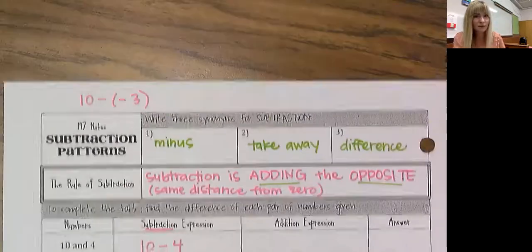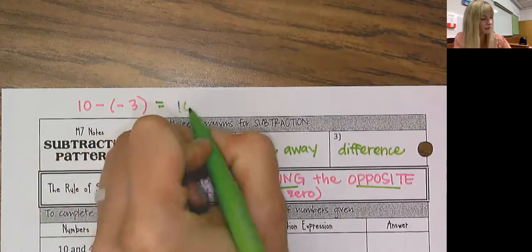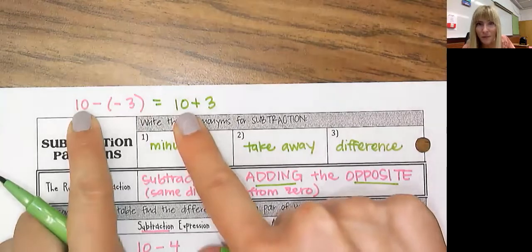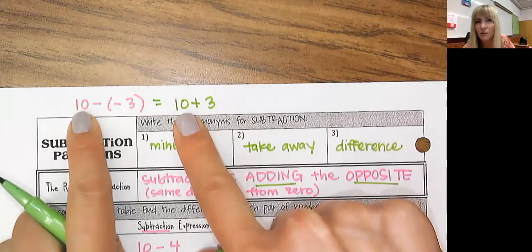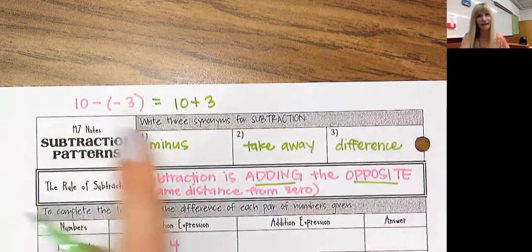If you recall up here when we were finding extreme temperatures, this turned into 10 plus 3. The first number in that subtraction statement, nothing's actually happening to that number because we're not subtracting yet. Subtraction is the action, and the action is going to change.